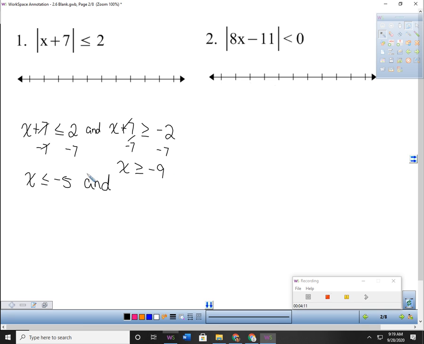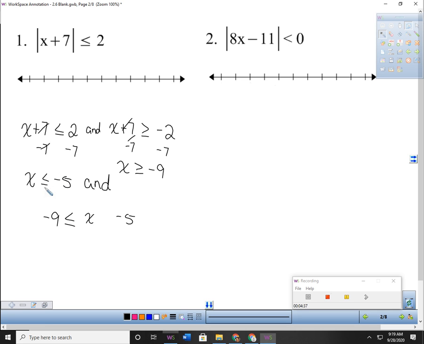So when you have an and, remember you can write that as one statement usually, correct? So you're going to take the smaller of those two, which in this case is the negative 9. That goes on the left, and then the bigger one goes on the right, and your variable goes in the middle. So if you're pointing at the 9, you should still be pointing at the 9.